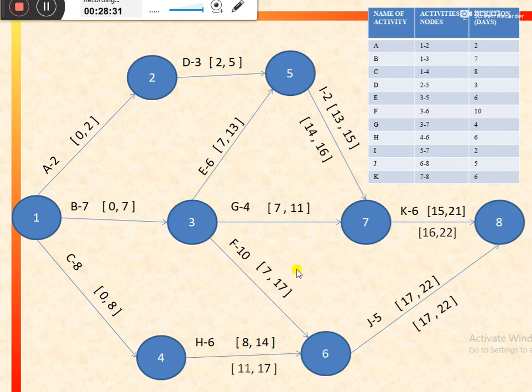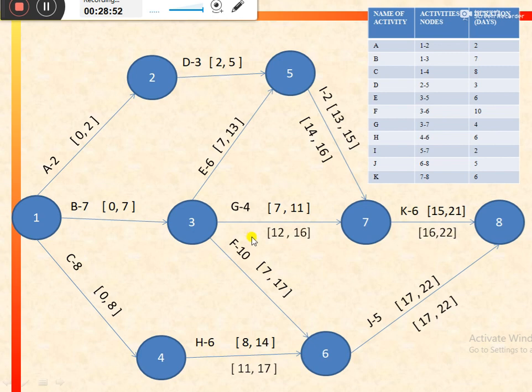Further we would come to activity G. For activity G, the successor or following activity is K, for which the latest start is 16. So the latest finish for activity G would be 16, and in that case the latest start would be equal to 16 minus 4, that would be equal to 12.